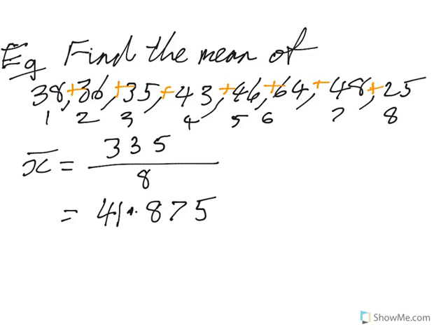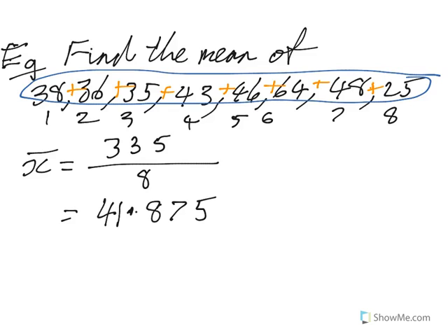41.875. Here's an opportunity to remind you again about significant figures. If you look at all our data points, they've all got 2 figures, whereas 41.875 has 5 figures in it. So we've got an answer with more figures than what we started with.